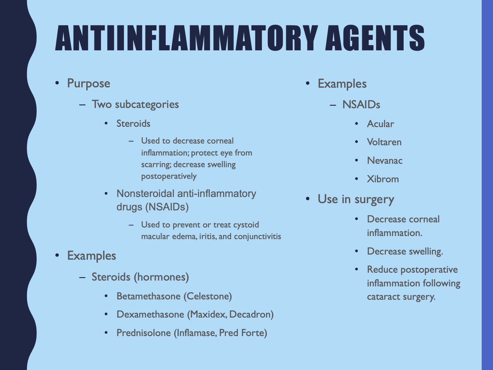They're used in ophthalmology, like I said, to decrease ocular inflammatory response to trauma, decrease corneal inflammation, and to help protect the eye from excess scarring. Postoperatively, they can also be used to decrease swelling.